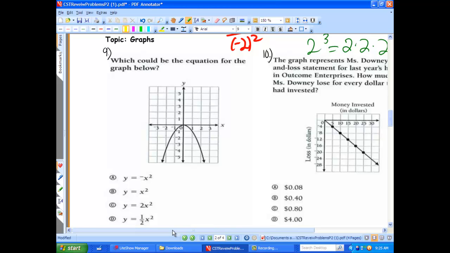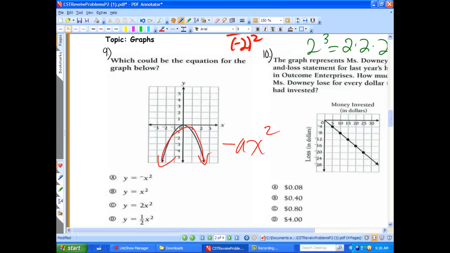When you have a U-shaped curve, if it looks like a U or a smile, you're going to have positive values in front of x squared. In this graph, we notice that we have a frown. And so we know that it's going to be a negative number in front of our x squared.